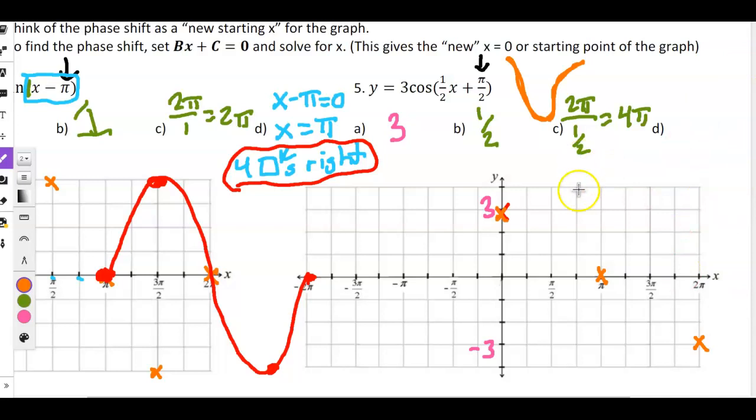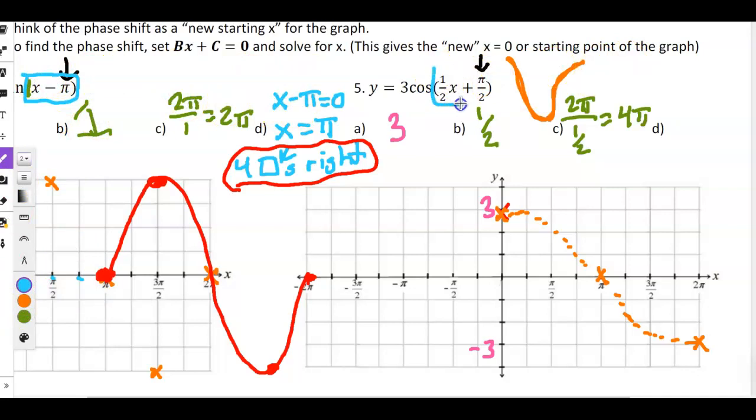So without the phase shift, you don't have to dot this in, but this is what it kind of looked like. But we have this phase shift. Now there's a little thing going on because we have a 1/2 and a pi over 2. Like we did before, I'm going to take the whole thing, everything in the parentheses, and set it equal to 0.